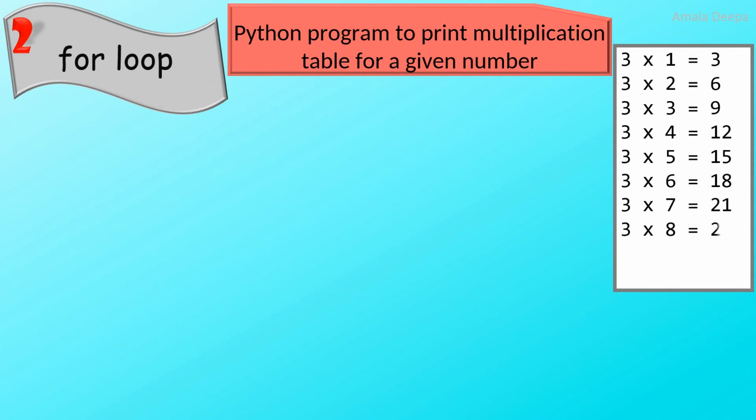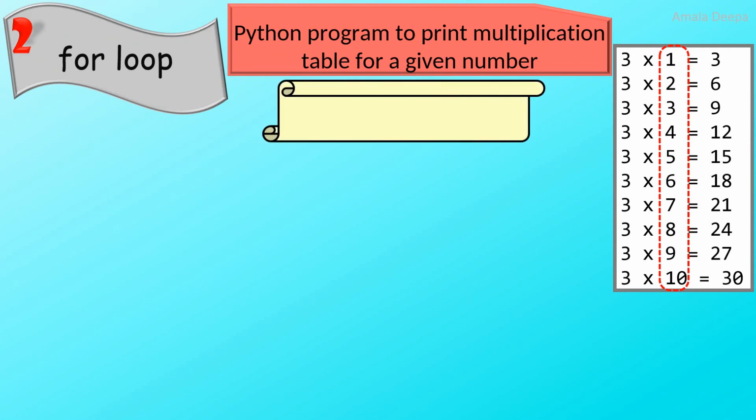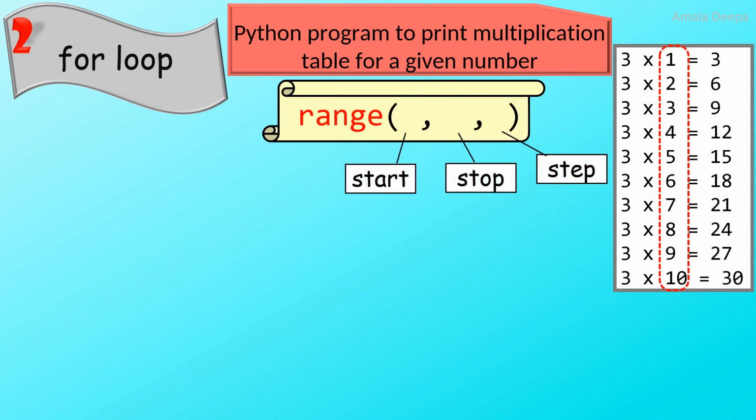So in this table, you can see that we need numbers 1, 2, 3, 4, 5, 6, 7, 8, 9, 10. So this I am going to generate using the range function. The start value will be 1. The step value will be 1. The stop value should be 11 because we want up to 10.